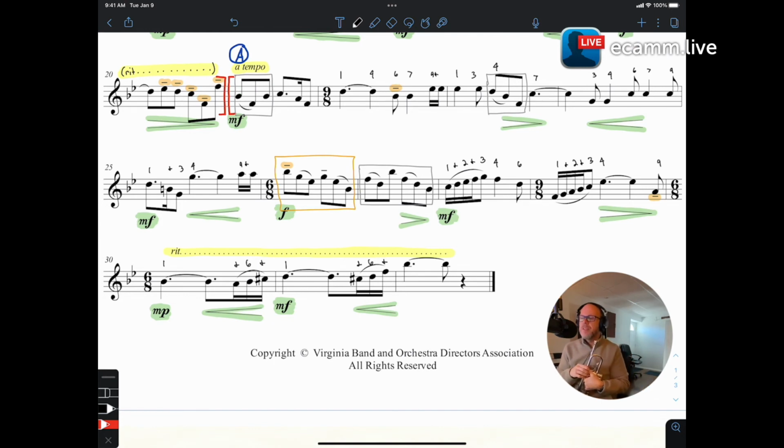Okay, this seemed to fix it a bit, right? So if we go back and we add the tongue in at a slow tempo, we should have something like this.